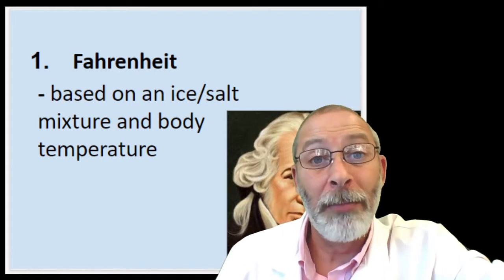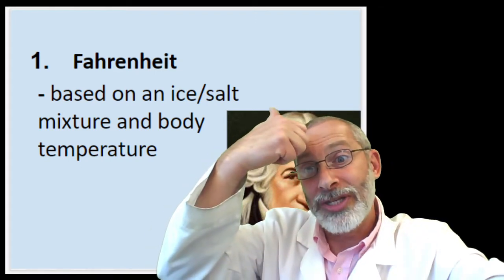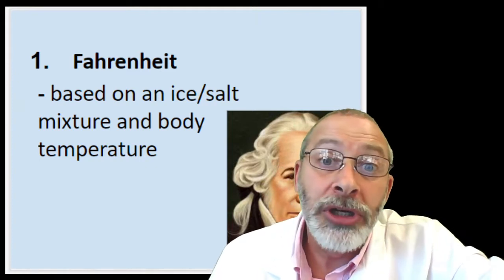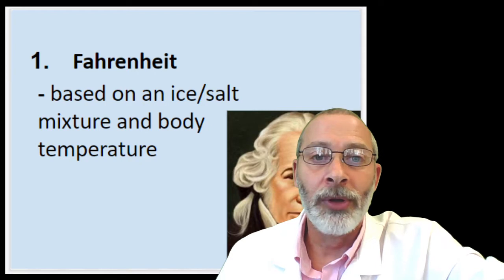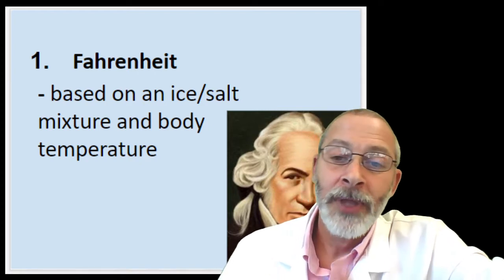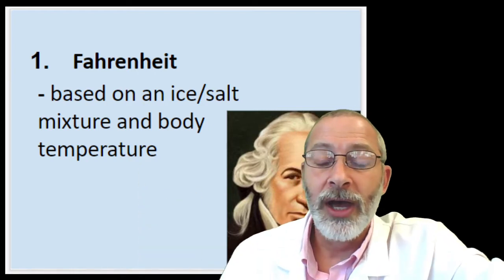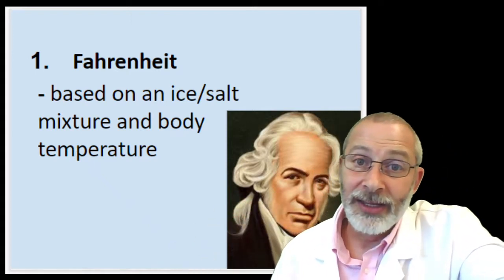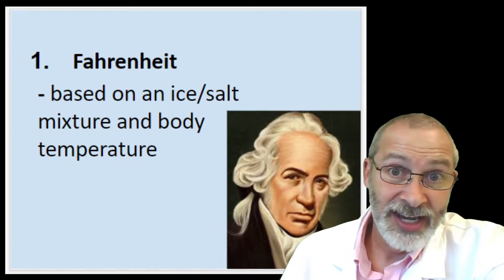So when you're getting off the bus every day and they take your temperature to make sure you're not running a fever, 100 degrees would have been a normal body temperature. But because of the history of Danny Fahrenheit's experiment, it is 98.6 degrees and not 100.